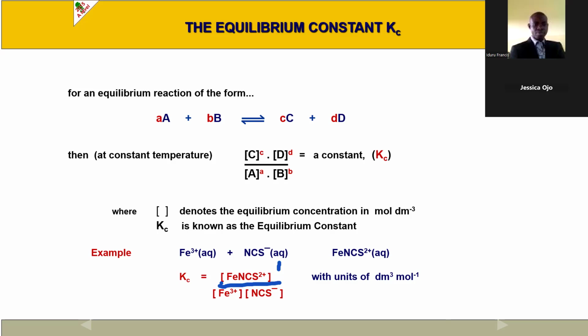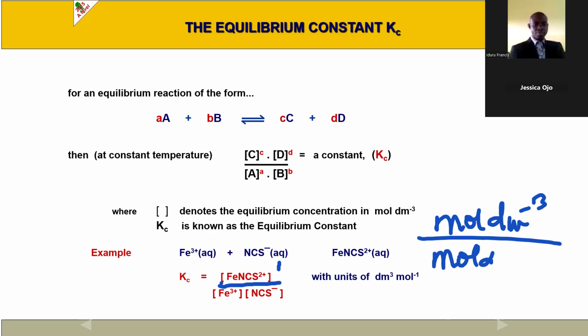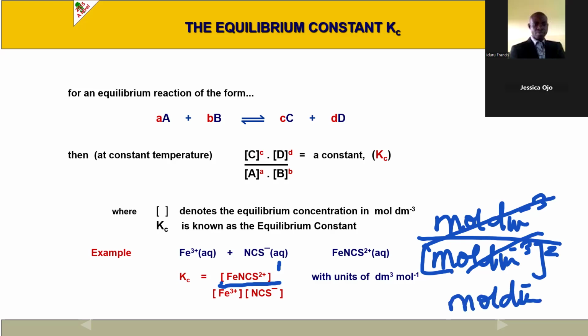Let's look at the overall unit. The one on top is mole per dm cube. The one below is mole per dm cube squared. So one can cancel one, and we have mole per dm cube to the power minus 1. In doing that, we now reverse it.